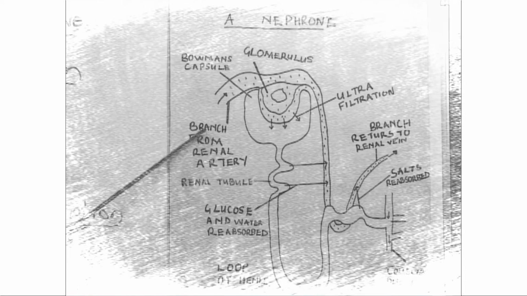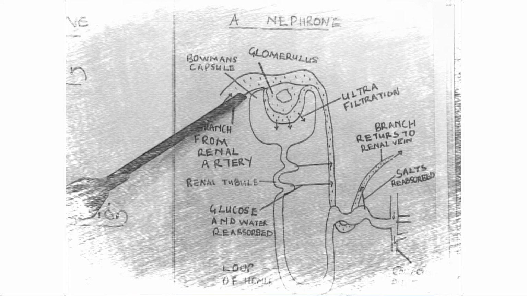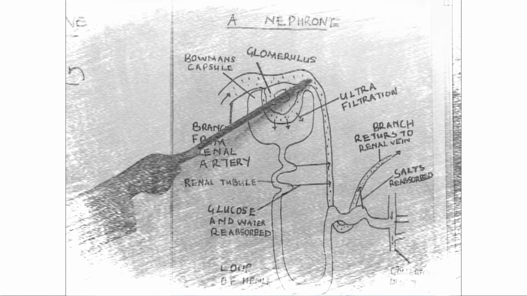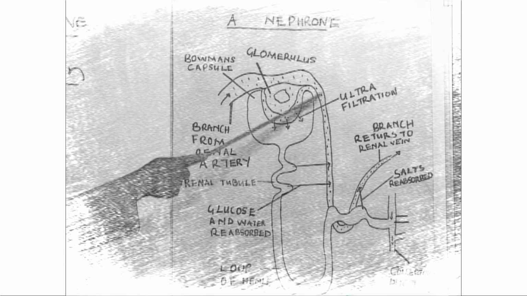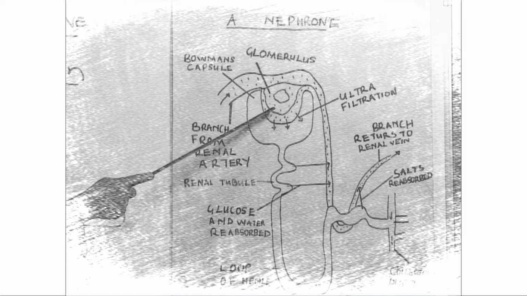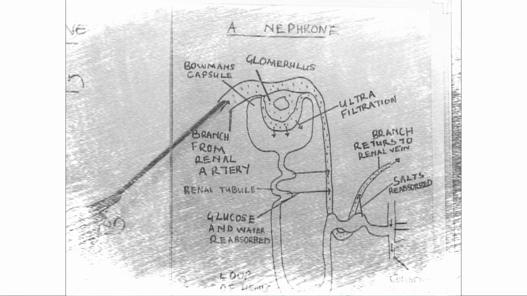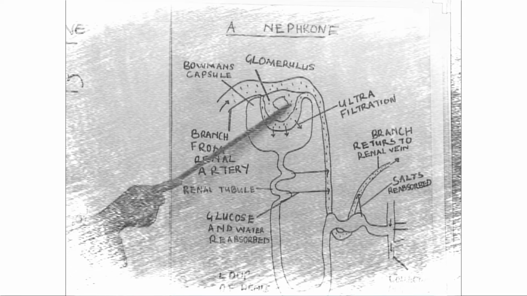Now, for ultrafiltration to take place, what happens is that this branch from the renal artery towards the glomerulus is wider, much wider than the blood vessel carrying away blood from the glomerulus. So because of this, pressure will be built up as blood is moving here.